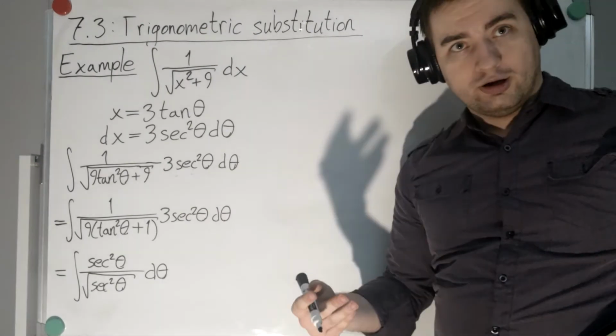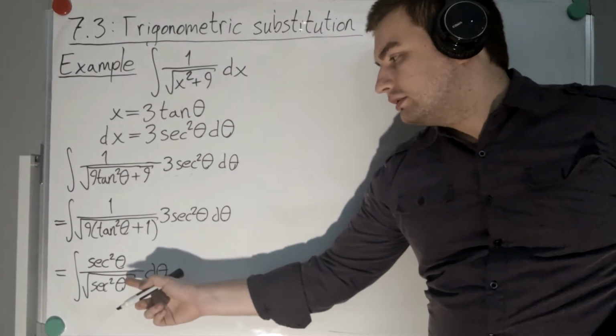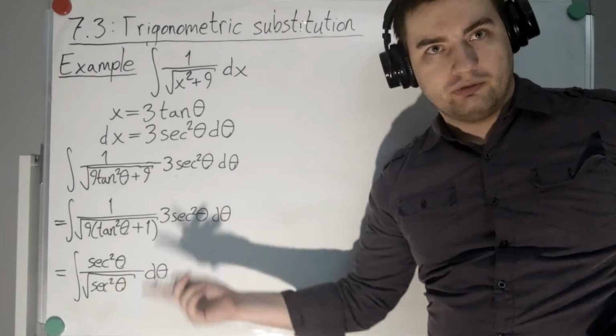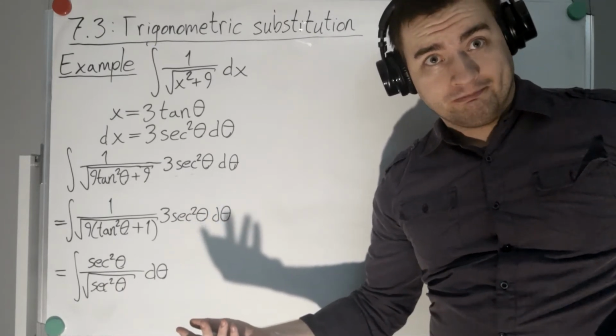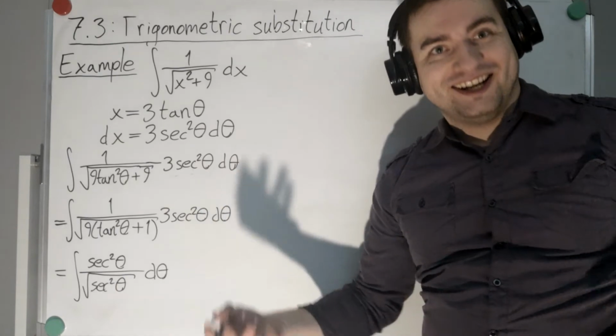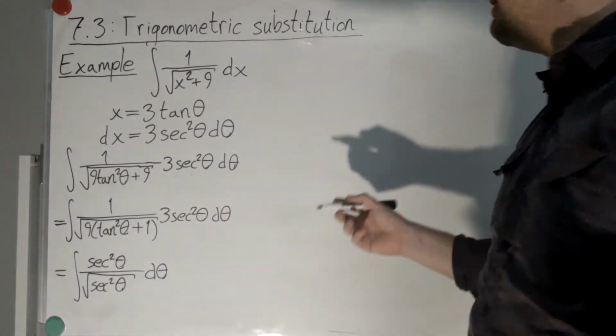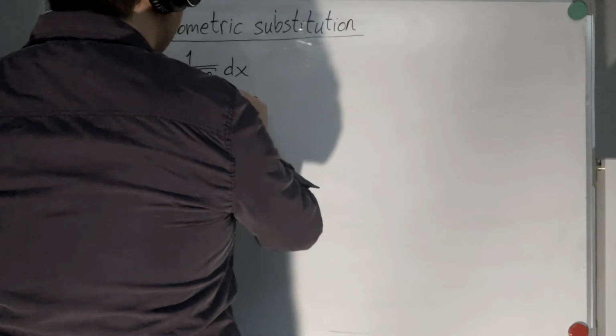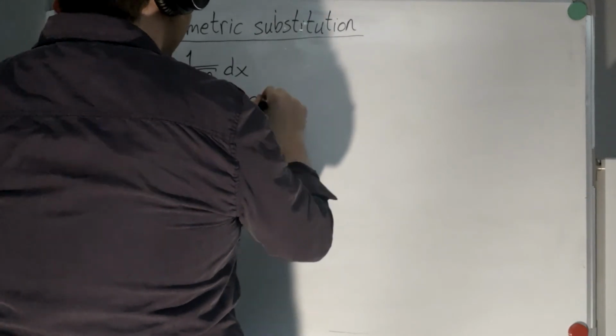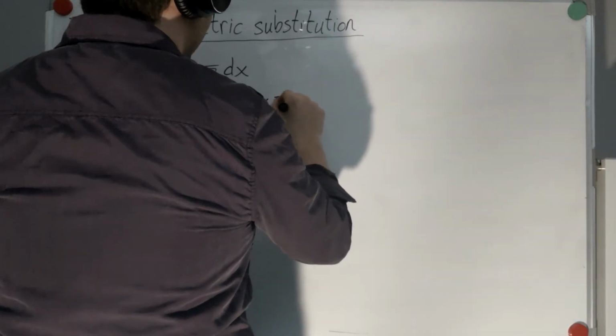And once again, we have a problem where you have a square under a square root. Those would normally just give you the absolute value. But again, it's not going to matter because once again, we've chosen theta to be greater than negative pi over 2 and less than pi over 2.